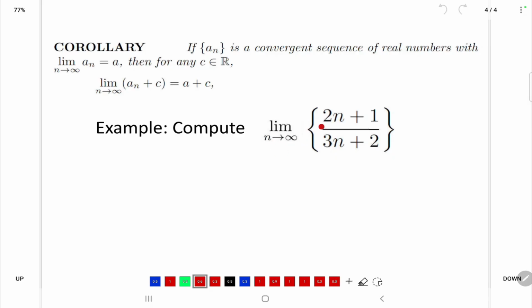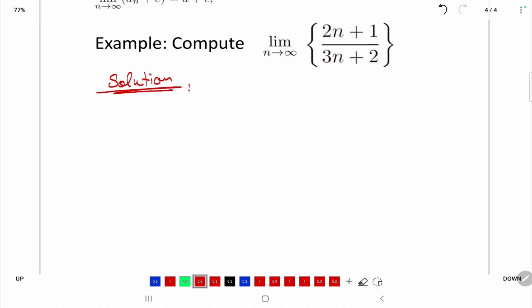Compute the limit as n approaches infinity of 2n plus 1 over 3n plus 2. Now, the solution will be like this. The first thing, I'll write 2n plus 1 over 3n plus 2.